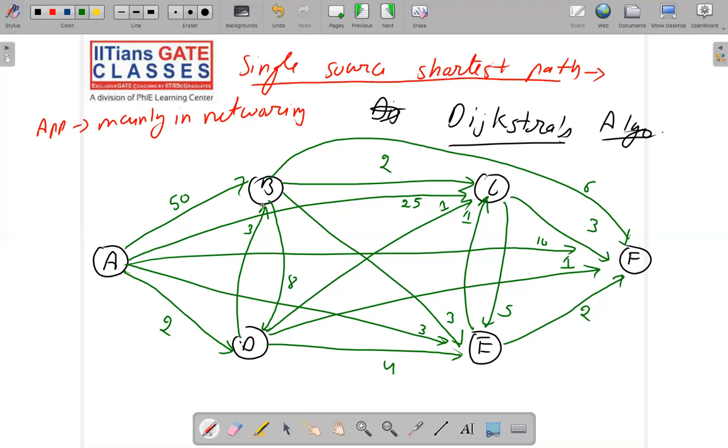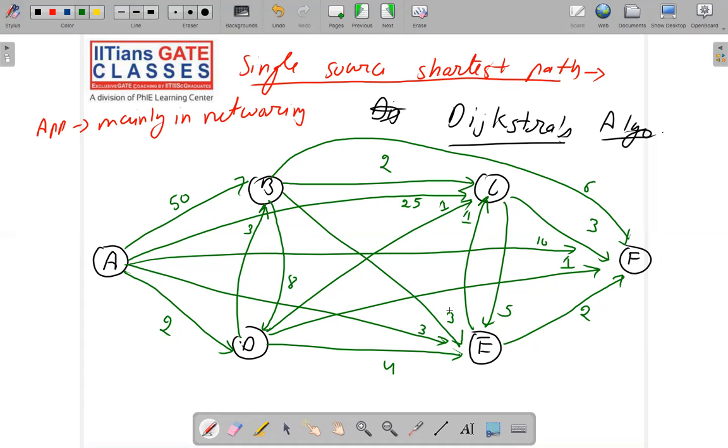Let me try to repeat. From A to B, we have 50. A to D, we have 2. From D to B, we have 3. From B to D, we have 8. From B to C, we have 2. From B to F, we have 6. From E to F, we have 2. From E to C, we have 1. From C to E, we have 5.